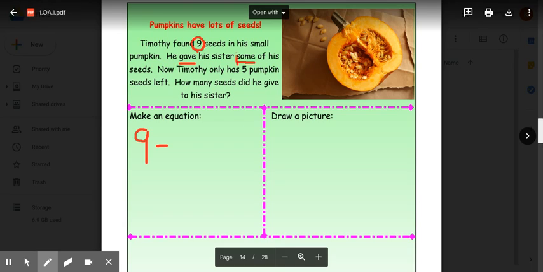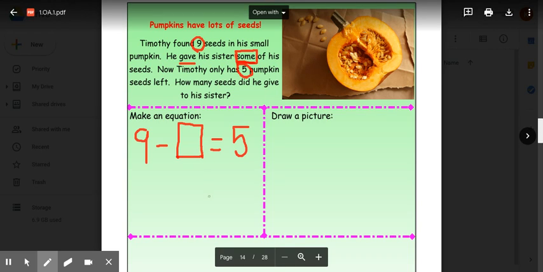Now, I don't know how many he gave because it doesn't give me a number. It just says some. So that part is unknown. Now, Timothy only has 5 pumpkin seeds left. How many seeds did he give his sister?